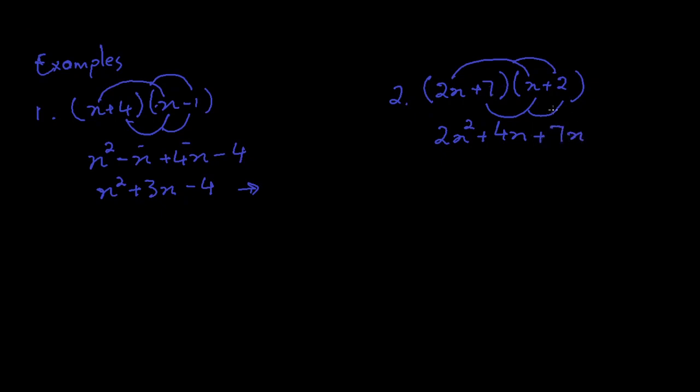Then positive 7 multiplied by the 2, it's going to give us 14. Okay, then we have your like terms, you collect them, so you're going to have 2x squared, then it's 4 plus 7, it's 11x plus 14. Okay, that is how you solve these equations.